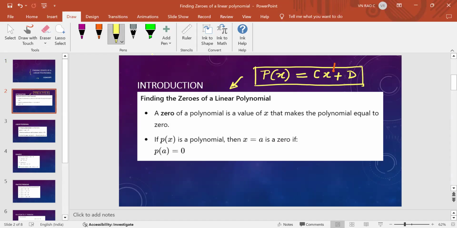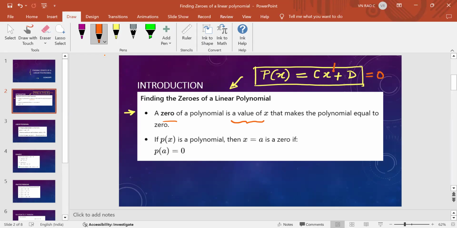So what are zeros of a polynomial? A zero of a polynomial is a value of x that makes the polynomial equal to 0. That means when substituted, the polynomial should become 0.